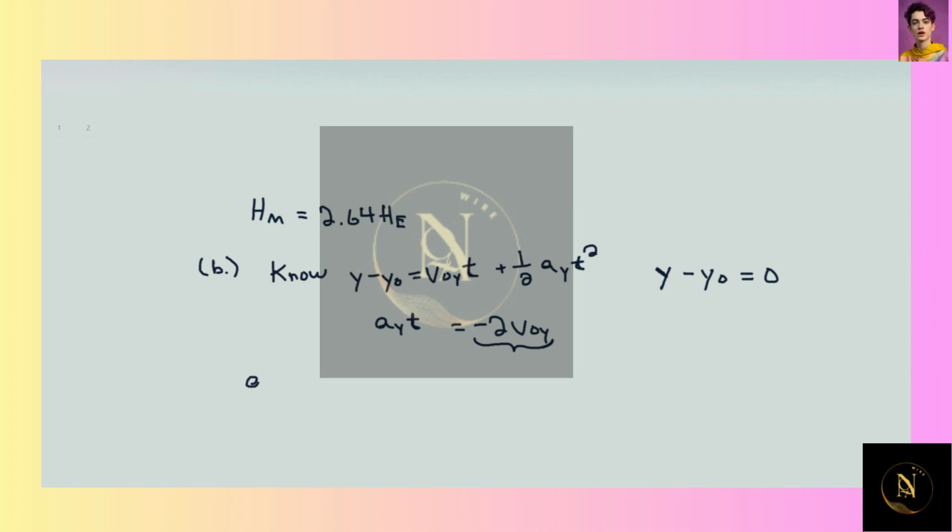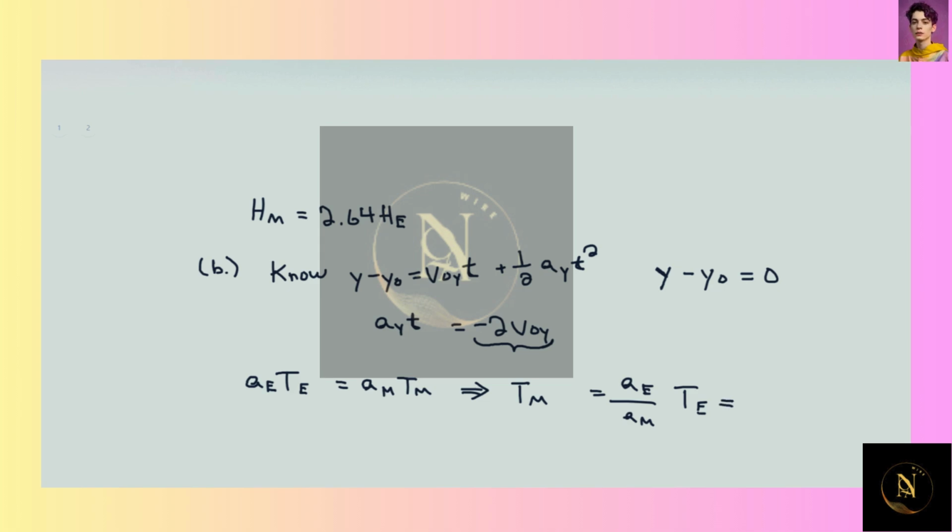So once again, we have the acceleration of the Earth times the time that it takes to reach the ground on Earth equal to the acceleration on Mars times the time it takes to reach the ground on Mars. We can solve for Tm, and Tm is equal to the acceleration on Earth over the acceleration on Mars times the time on Earth.